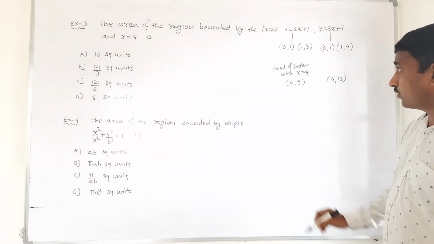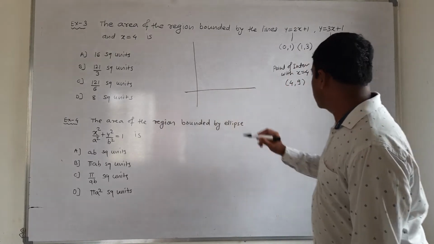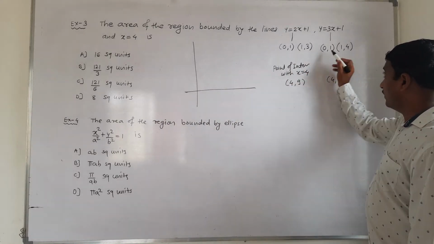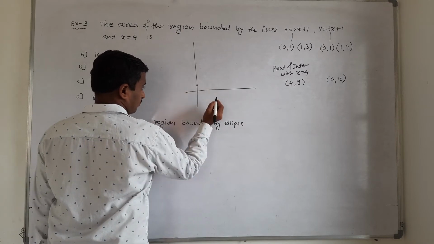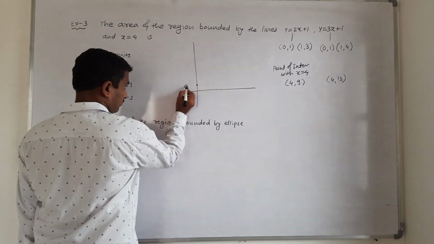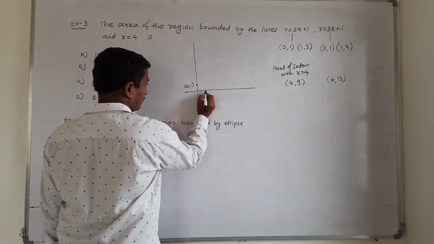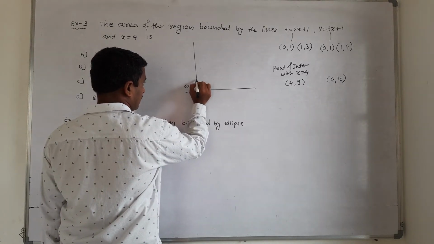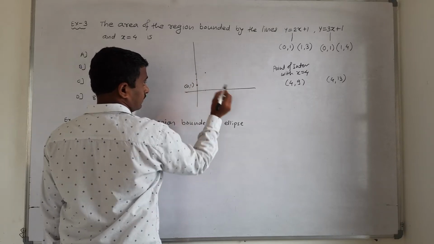That is, we draw this first. The points are (0, 1), and suppose this is the point (0, 1), then (1, 3), and then (1, 4).